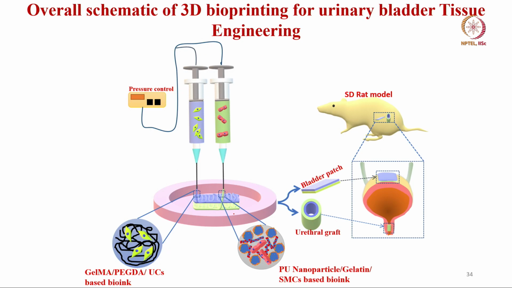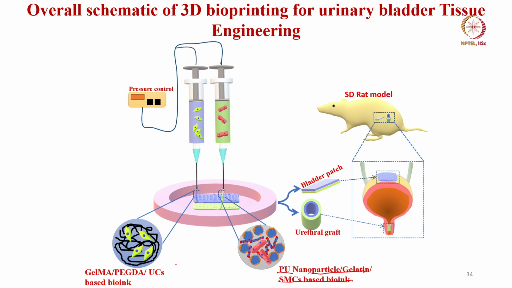Okay. So this is how one can do this 3D printing from lab to clinical or preclinical translation at least. So you started with different type of scaffolds, like let's say Gelma, Pegda, or different urologic cells, and then also you can utilize either separately polyurethane nanoparticle, gelatin, and SMCs based bioink.